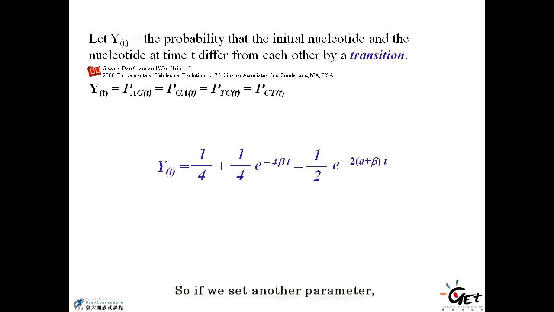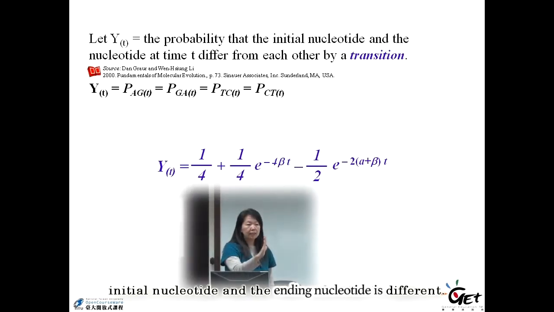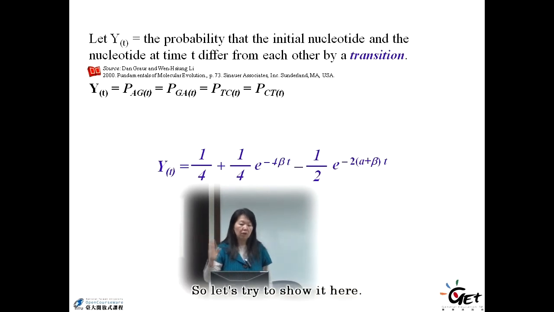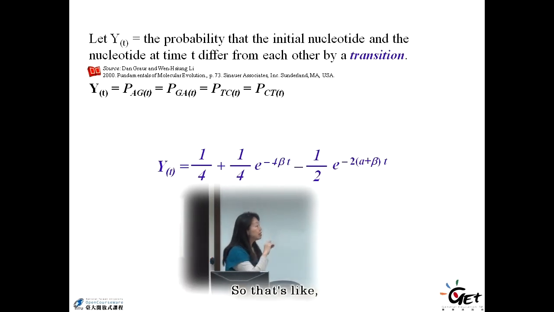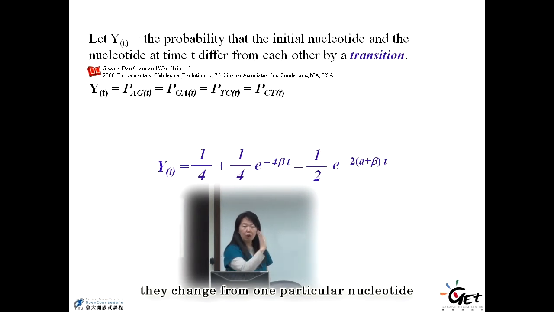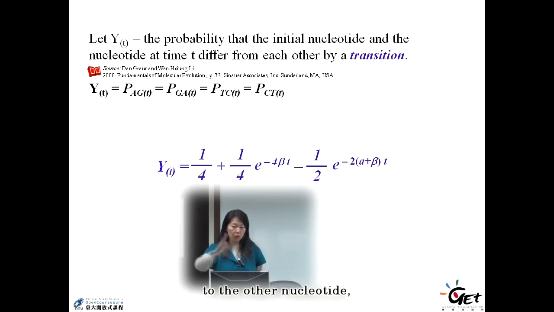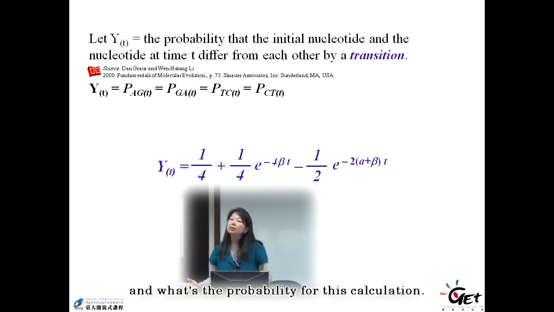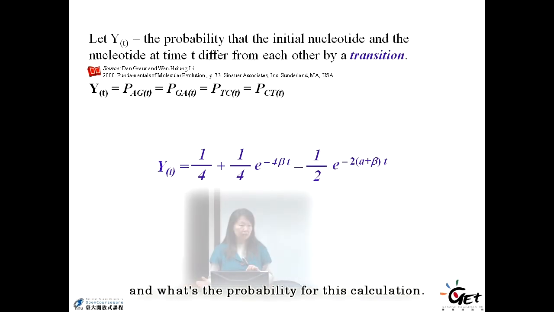If we set another parameter, y, or talk about another probability, we are talking about the probability that the initial nucleotide and the end nucleotide are different. That's what we try to show here: changing from one particular nucleotide to another nucleotide, and what the probability is for this calculation.